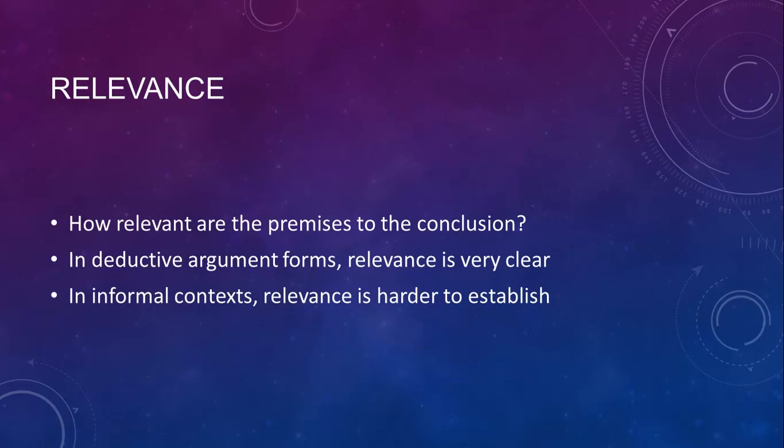In deductive argument forms, one of the ways you show that premises are clearly relevant is by identifying a deductive or an inductive argument form. You say, look, all men are mortal, Socrates is a man, therefore Socrates is mortal. Those two premises are clearly relevant to the conclusion because they form a modus ponens. So that's a guaranteed relevance structure. Yeah?